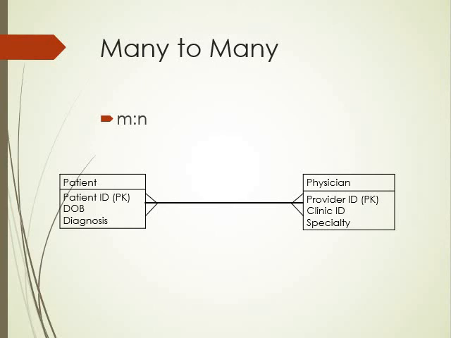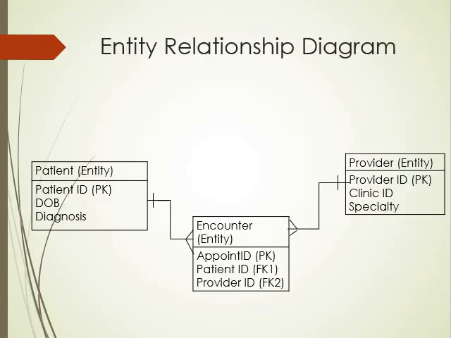It's not possible to indicate the many-to-many relationship with just foreign keys in either table, and therefore you have to have another table which represents the relationship. So here you can see that there is a patient table and that there is a provider table, but in between we have our encounter table, which serves as the relationship table that identifies the relationship between the provider and the patient.